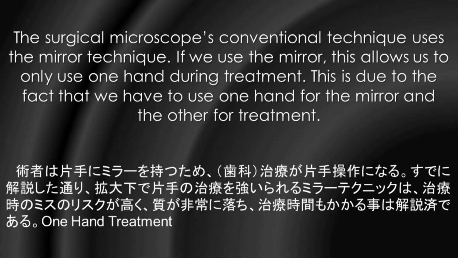The surgical microscope's conventional technique uses the mirror technique. If we use the mirror, this allows us to only use one hand during treatment. This is due to the fact that we have to use one hand for the mirror and the other hand for treatment. One hand to treat.